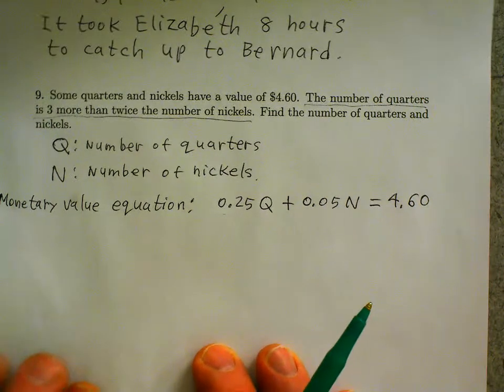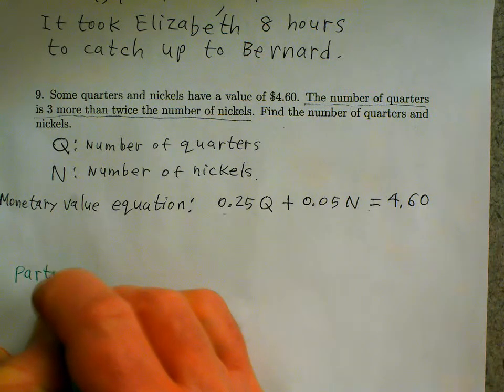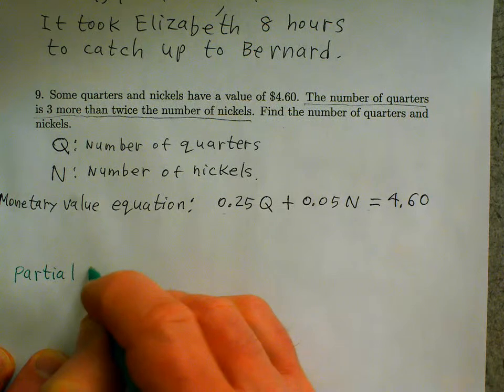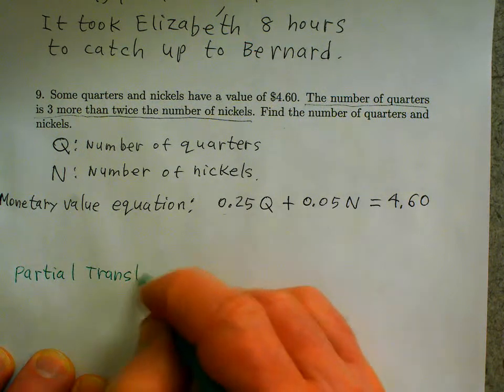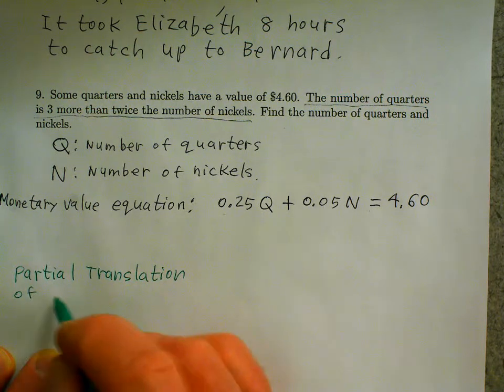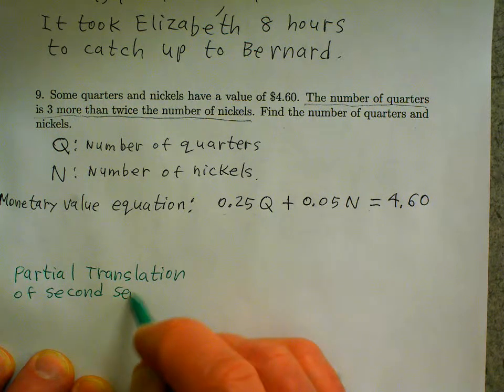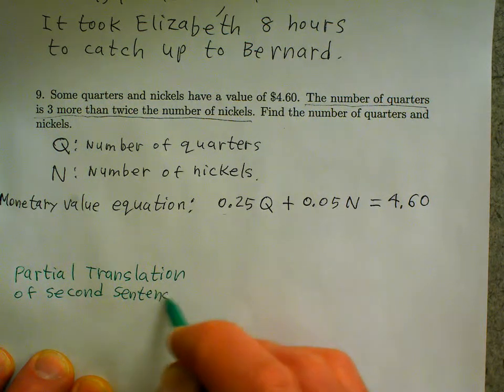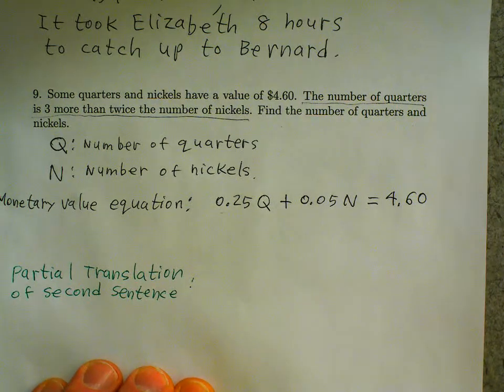Something that might be helpful is to use a partial translation of the second sentence, by using the variables.